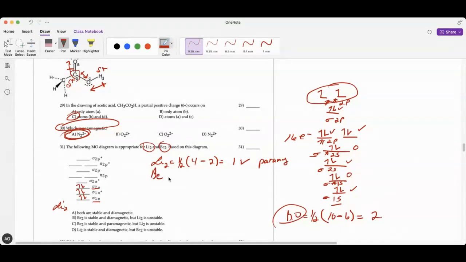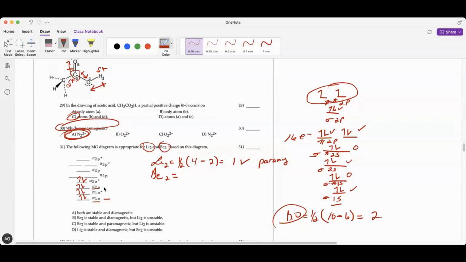For the beryllium, how many electrons does the beryllium have? 4. So diatomic beryllium would have 8 electrons. So we have 2, 4, 6, 8. So now, look what happens.